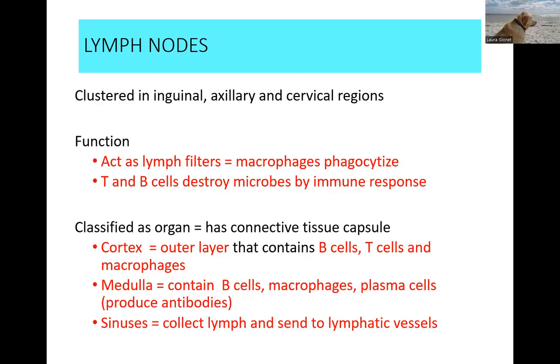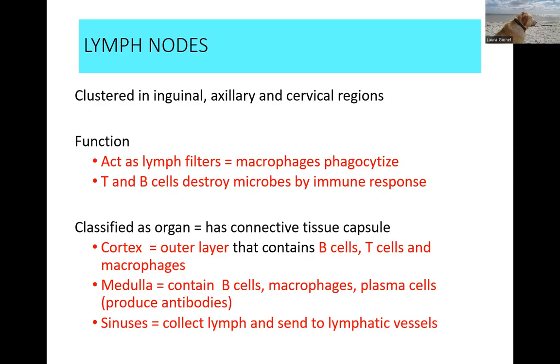So for the most part, the cells in the cortex are pretty much the same cells in the medulla. There's a difference in how many more B cells are in the cortex versus the medulla, and macrophages in the medulla more than in the cortex. It's not of real consequence.